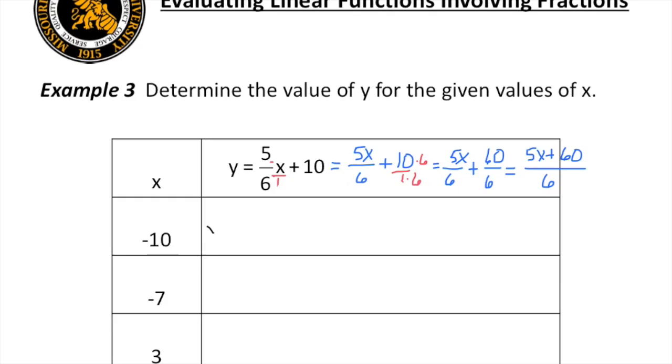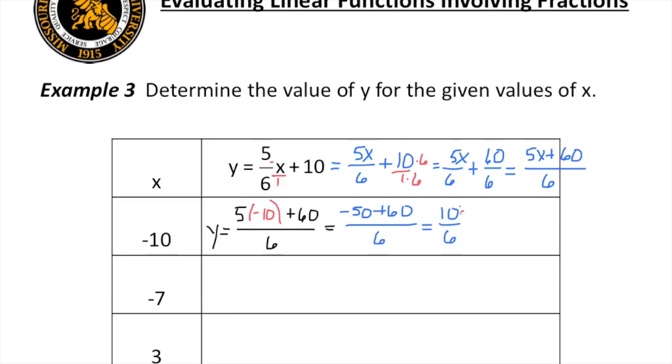When x equals -10, we replace the x with our -10 and perform the order of operations. 5 times -10 is -50, plus 60 over 6 is what we get after we perform the first operation. -50 plus 60 is 10 over 6, which can be simplified by dividing numerator and denominator by the common factor of 2, resulting in a final output of 5/3.